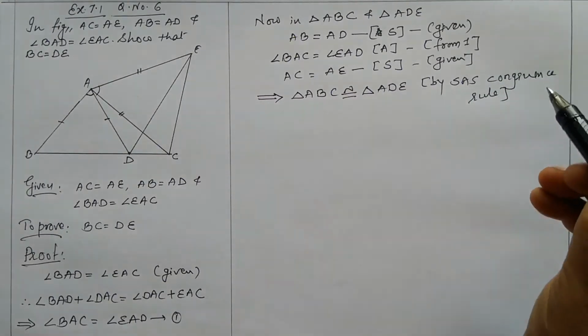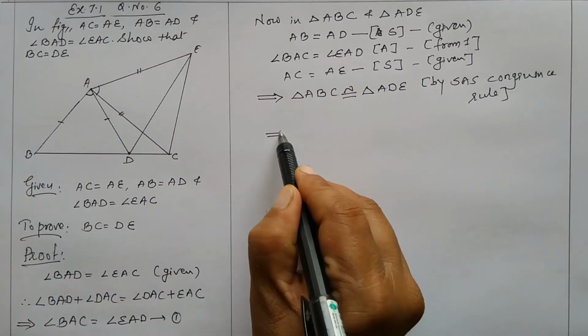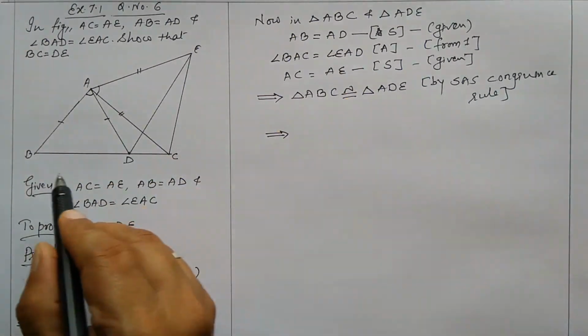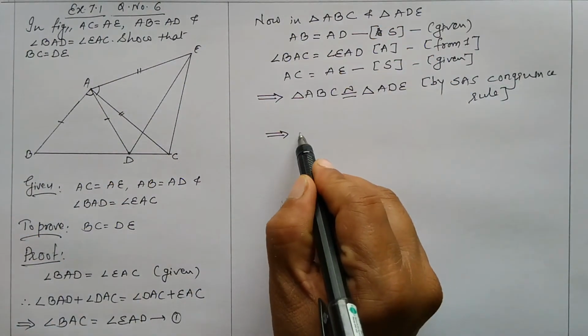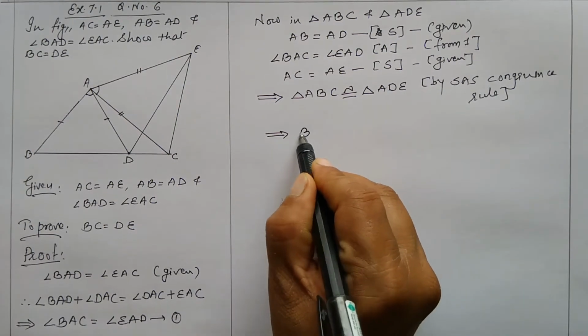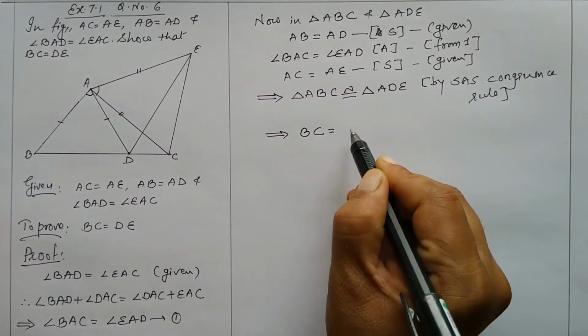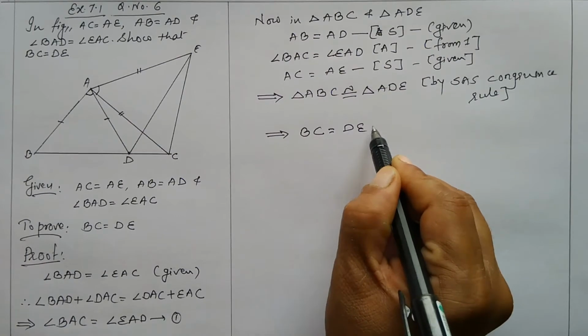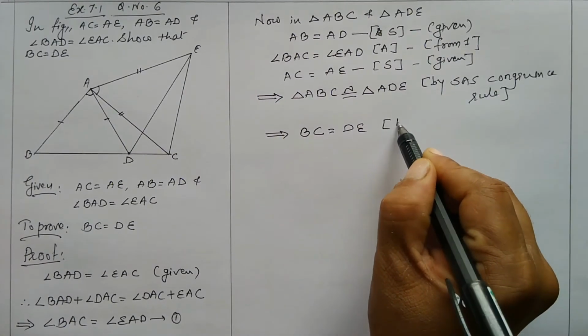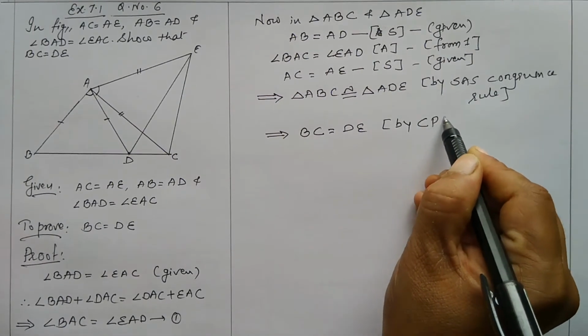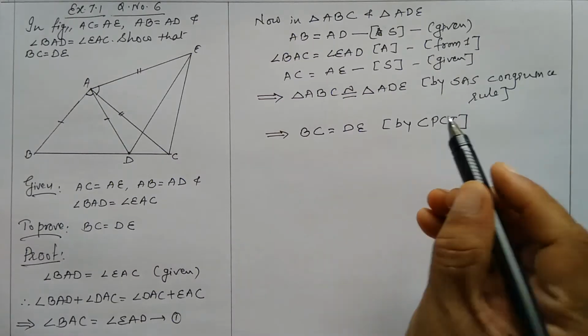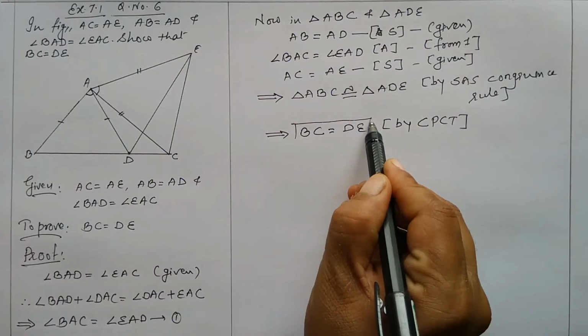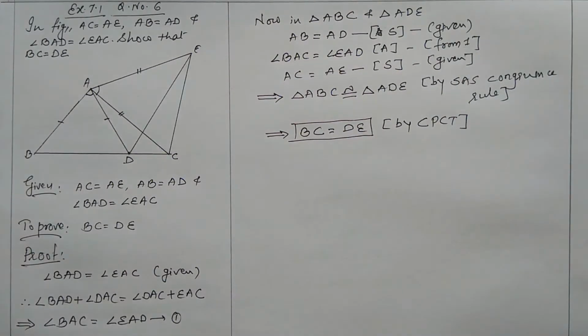So this implies that BC, what is BC? BC is a side of triangle ABC. It implies BC is equal to DE. You can write here by CPCT, corresponding parts of congruent triangles. Hope you have understood this question.